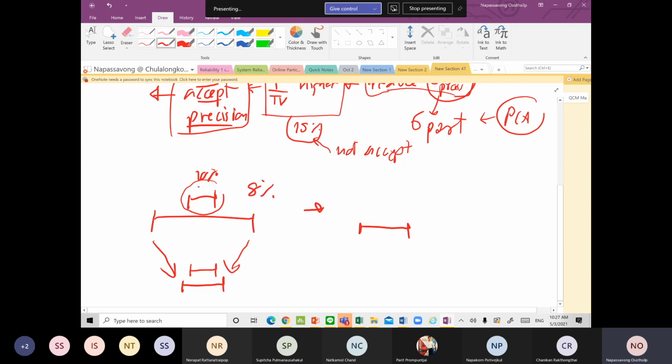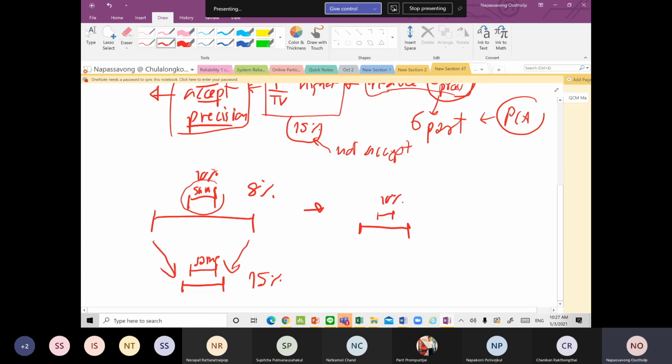but now the variation of the parts is smaller, so the base that it has to be compared with is reduced, and that makes this ratio greater. But what we really want is that given any variation of the process, we have to keep this ratio at 10%.